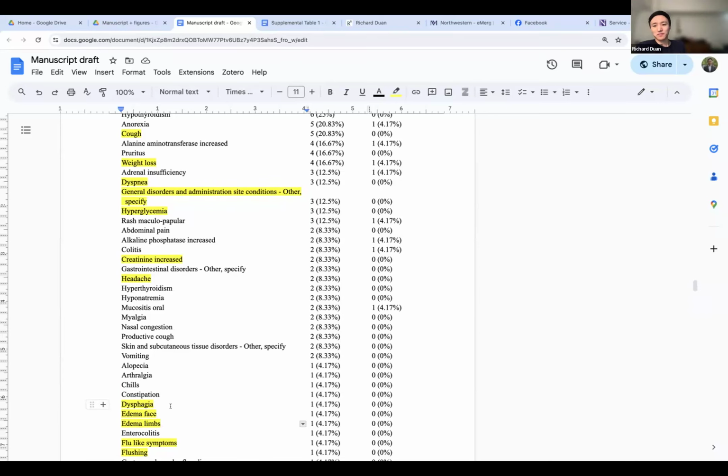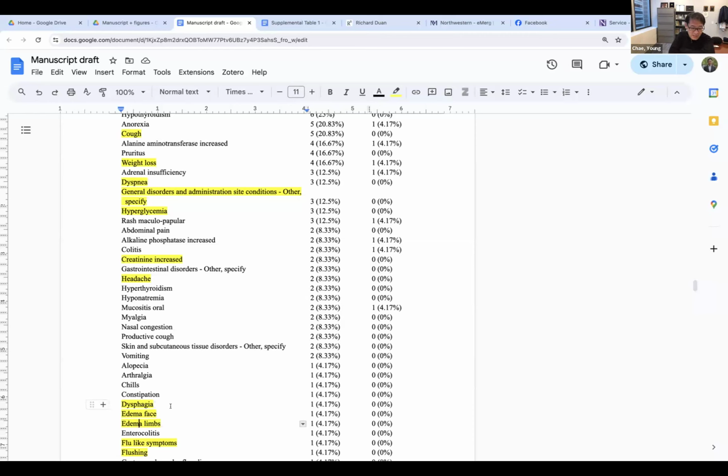So what I'm trying to say is, it's not super accurate. Gotcha. All adverse events will be reported anyway, but whether it's immune related or not is really at the pure discretion of the treating physician.